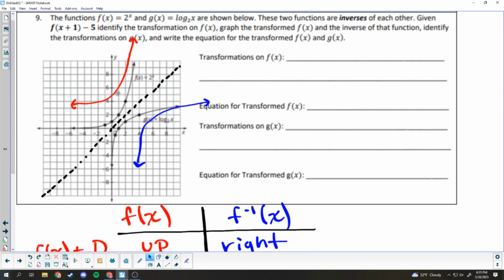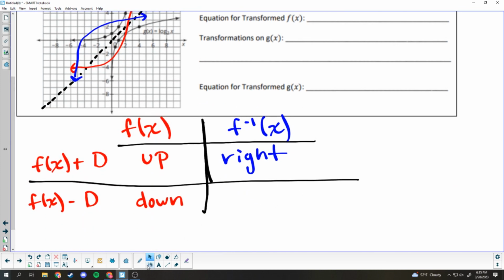If I reset these to their original locations and move this thing down 1, 2, 3, 4, this thing has got to be the reflection of this, which means I need to shift this thing 1, 2, 3, 4 to the left. Right? So up is right, down is left in the inverse. So when you apply this to the original function, its inverse has this effect.